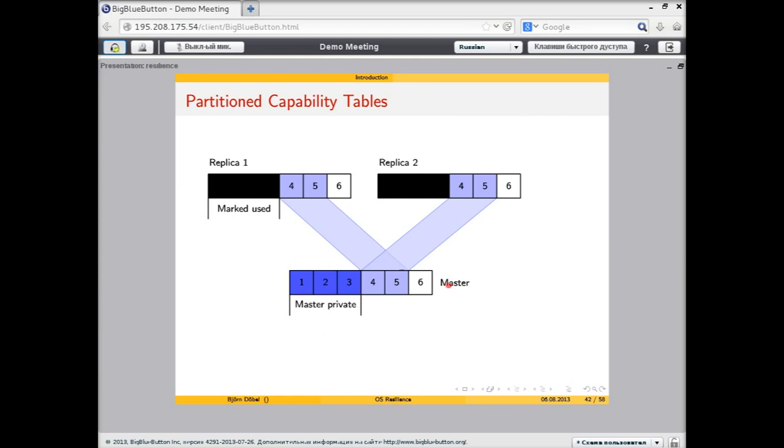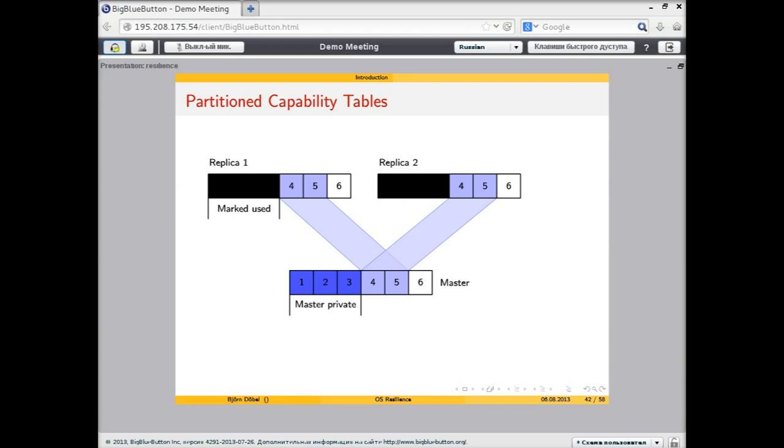And the other part that is marked as available for the replicas is used in the master to only store replica capabilities, but not master private capabilities. And as we are in control of replicas during startup, we can set up the system so that this is always the case.